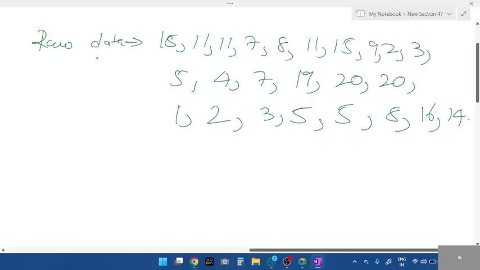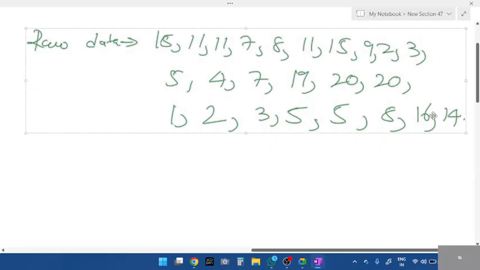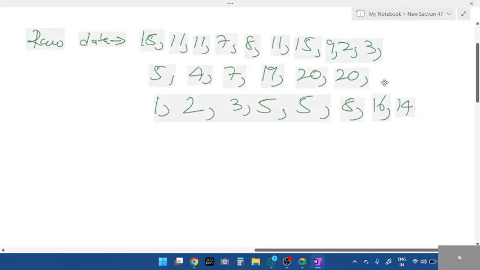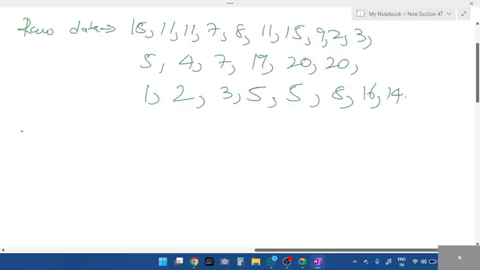Are these data arranged in ascending order or descending order, or is it raw data? Just randomly written, right? It is not arranged. If you want to arrange in ascending order, you know the process, right? We'll quickly arrange this in ascending order.